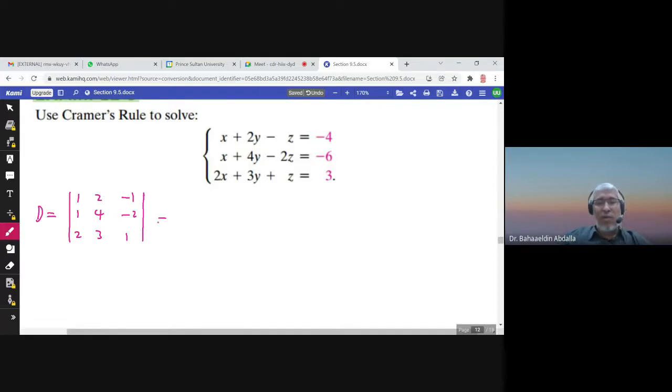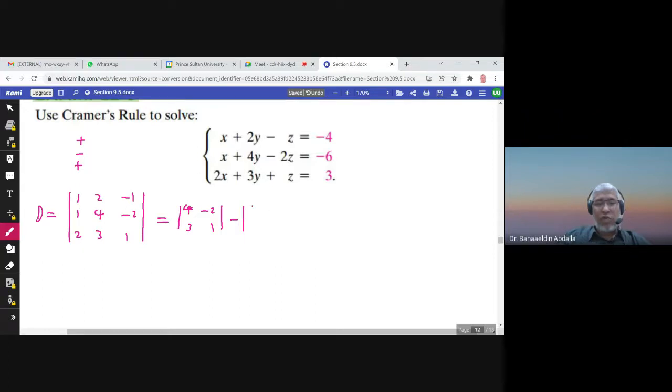Well, let me use the first column, 1, 1, 2, to expand this determinant. Remember the signs for the first column are plus, minus, plus. So 1 times the minor of 1, which is 4, negative 2, 3, and 1, minus 1 times the minor of 1, delete the row and the column.